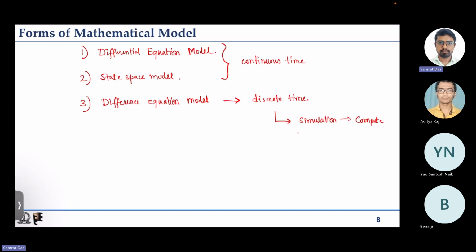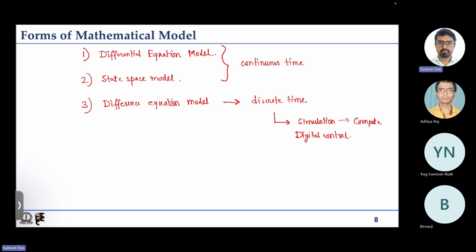And obviously, if we want to do any microcontroller based digital control, then this difference equation model will become important. If we do op-amp based control, then your differential equation form or state space model is fine, because that is continuous time.